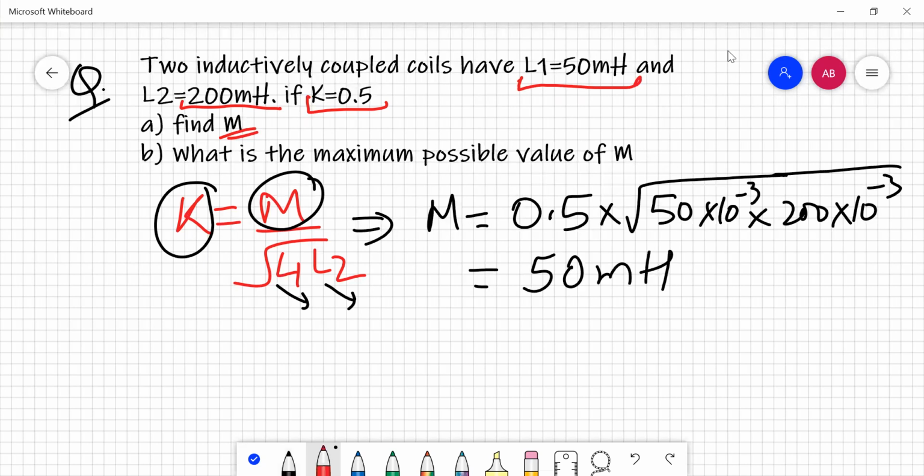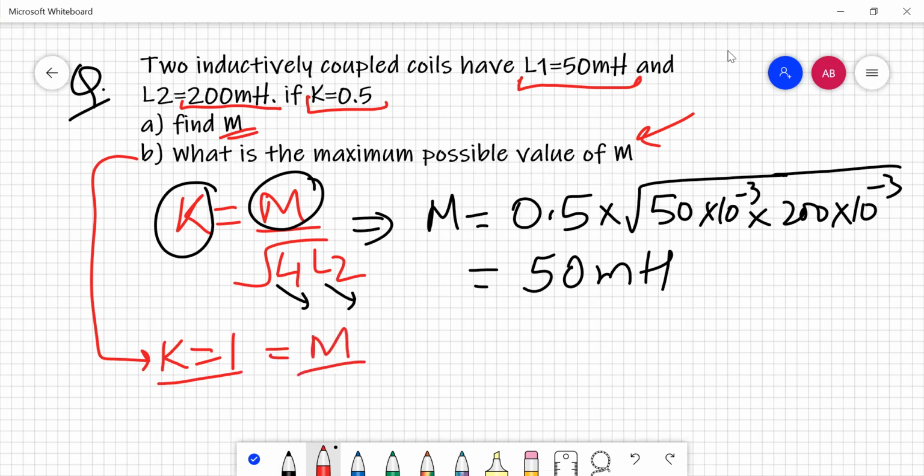So now you come on to your second part that says, what is the maximum possible value of M. For that purpose, you need to take the value of K as 1, because I already told you that the maximum attainable value of the coefficient of coupling is 1. So taking K equals to 1 and putting the value here again, you have to go for under root L1 L2.